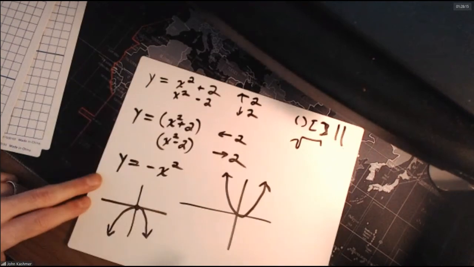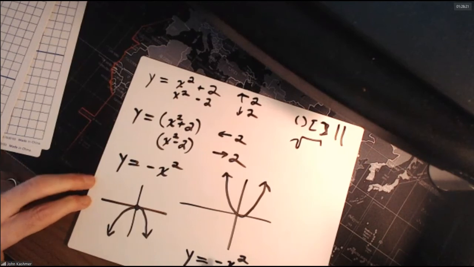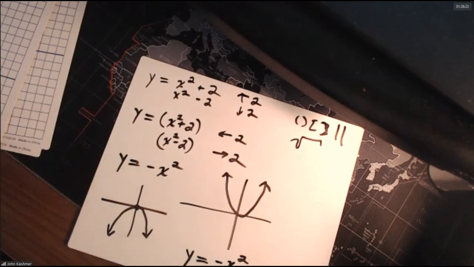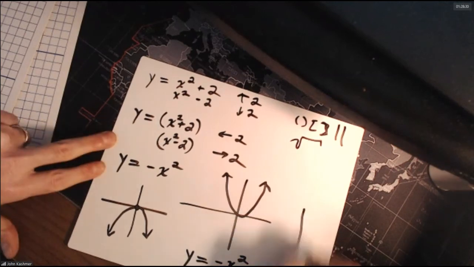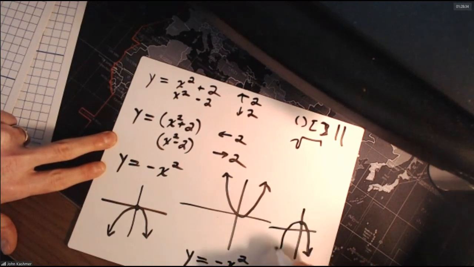So in which case, if you had something like this, this would be a parabola that opens down, and instead of going through (0, 0), it would go through (0, 2). So it would look something like this.